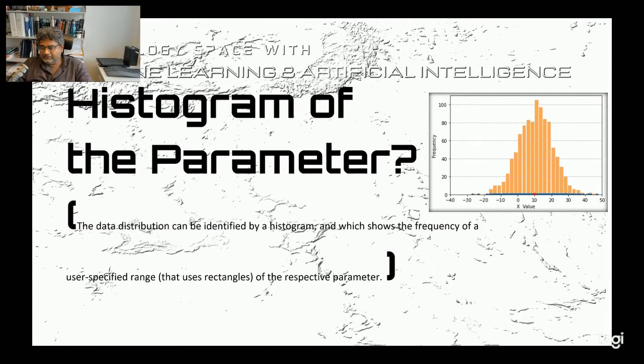So the height of each orange block represents how many data points are allocated within that smaller region. That way you can build up these histograms. Eventually these histograms show you the data distribution versus the frequency, or the number of data points, located in each of these regions. So it's a pretty useful tool to understand the distribution of the data.